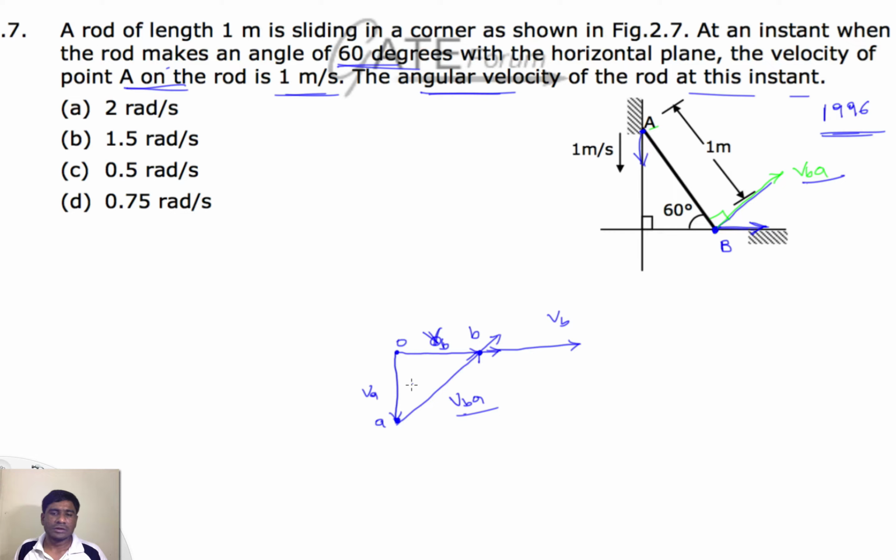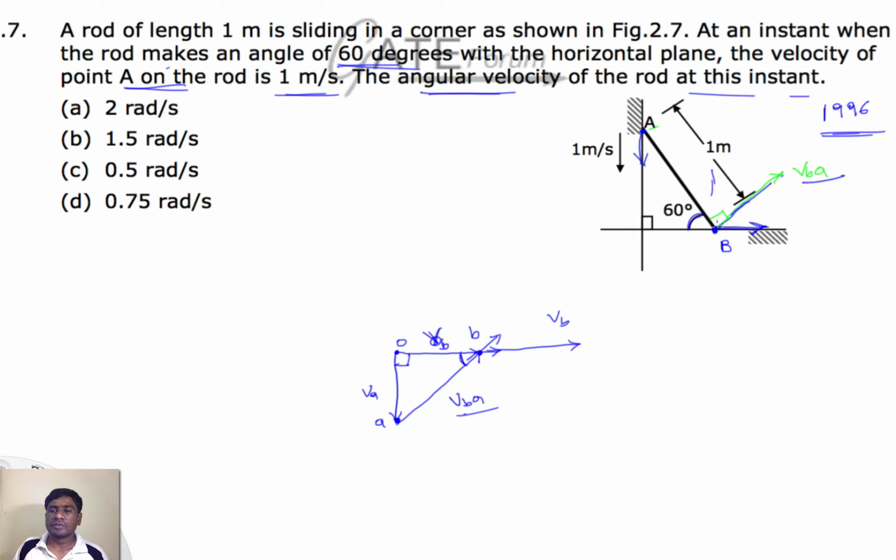So again we will use some geometry or trigonometry. Here this is going downward, and this is going upward. This is horizontal, and we need to find an angle here.